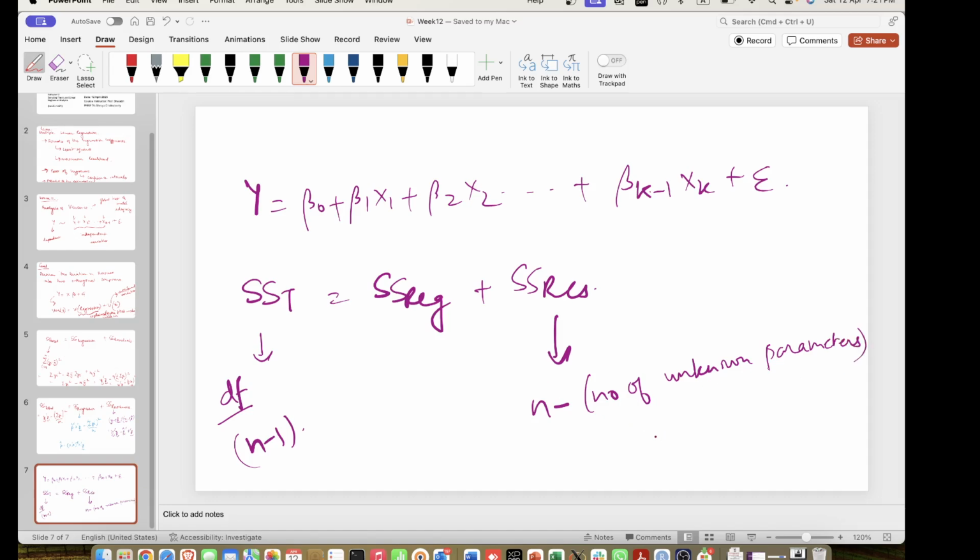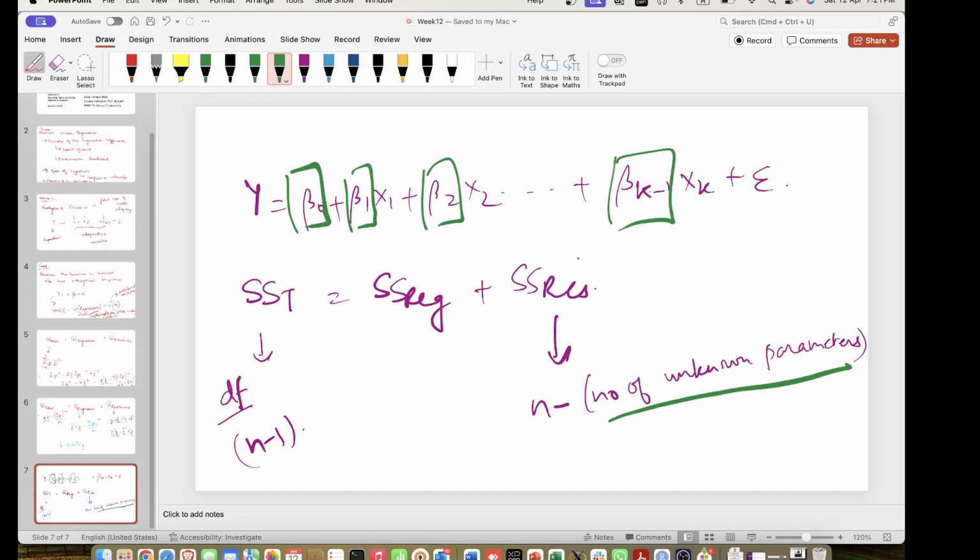So here we have, what are the unknown parameters? So the unknown parameters are this beta naught, beta 1, beta 2, up to beta k minus 1. So we have in total k unknown parameters.